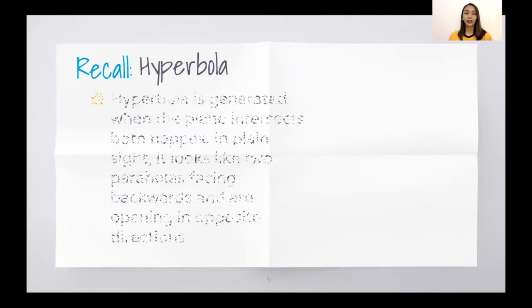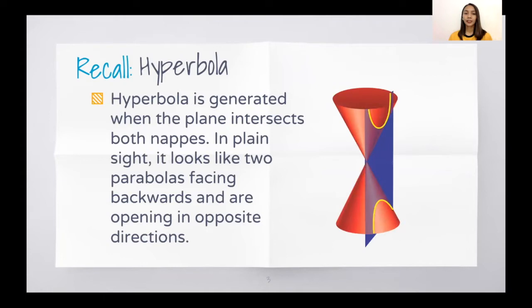To begin with, let us first recall the definition of hyperbola. So when you say hyperbola, it is generated when the plane intersects both nappes. In plain sight, it looks like two parabolas facing backwards and opening in opposite directions.